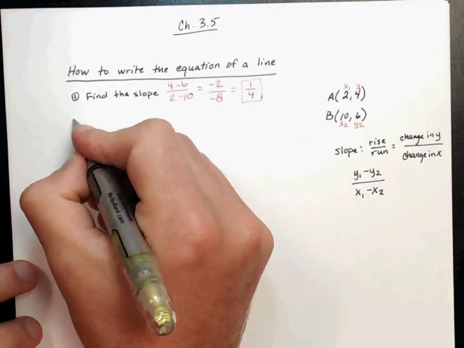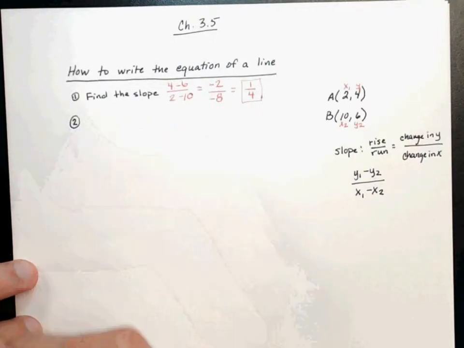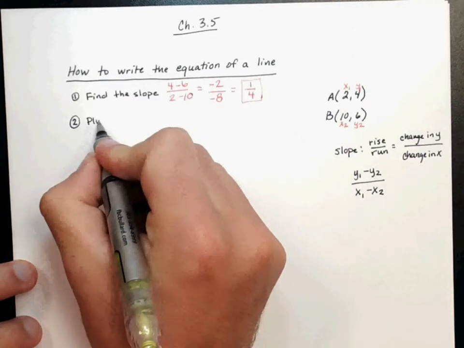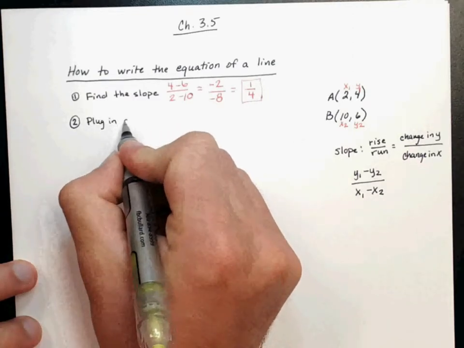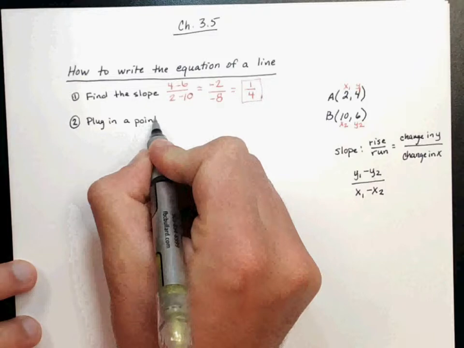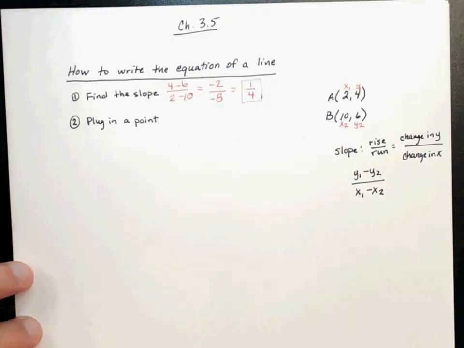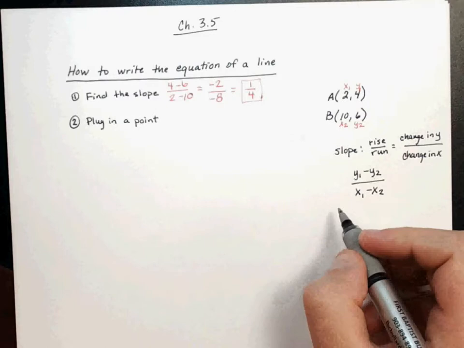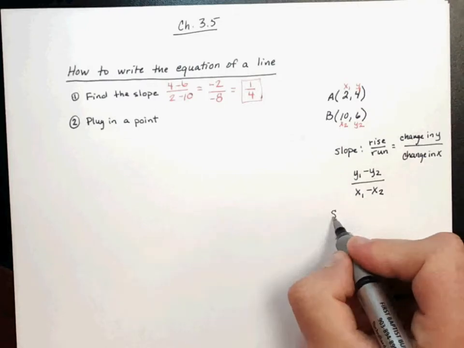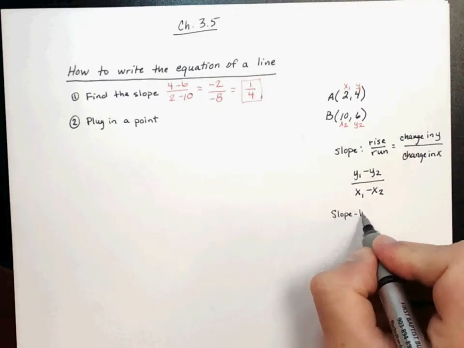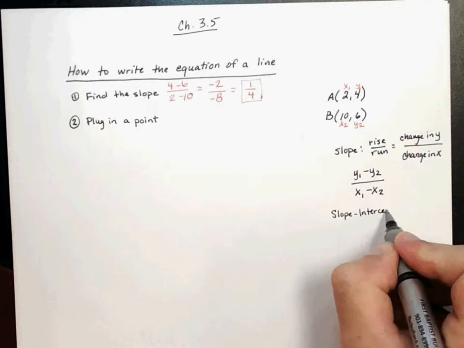Number 2, second thing we're going to do is we're going to plug in a point. Okay? So when you see plug in a point, you're probably thinking plug it into what? All right, well, when we write the equation of a line, we are going to use the slope-intercept form.